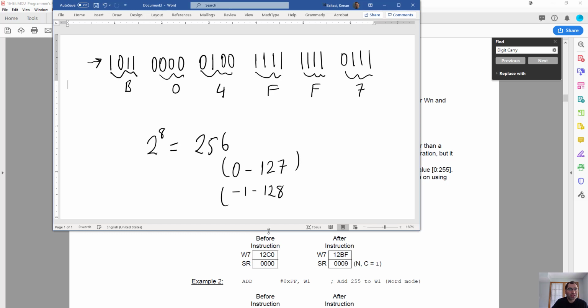So you can represent both positive and negative numbers with this.